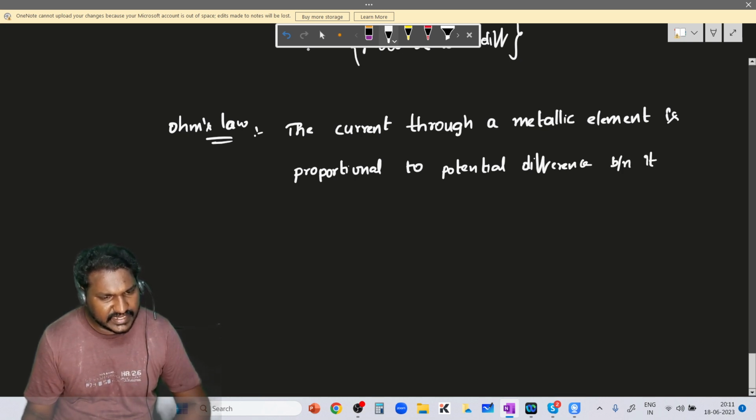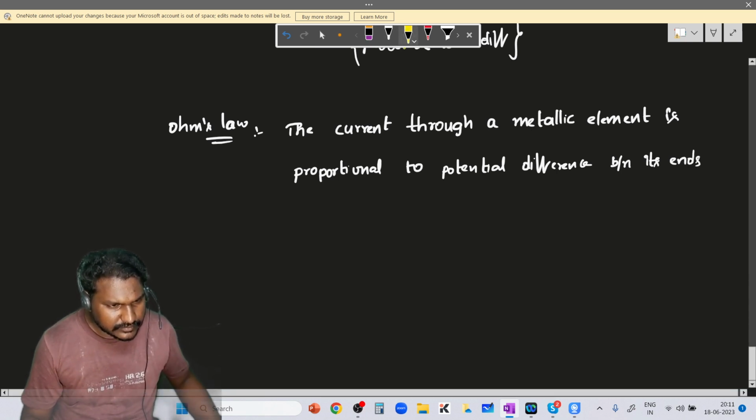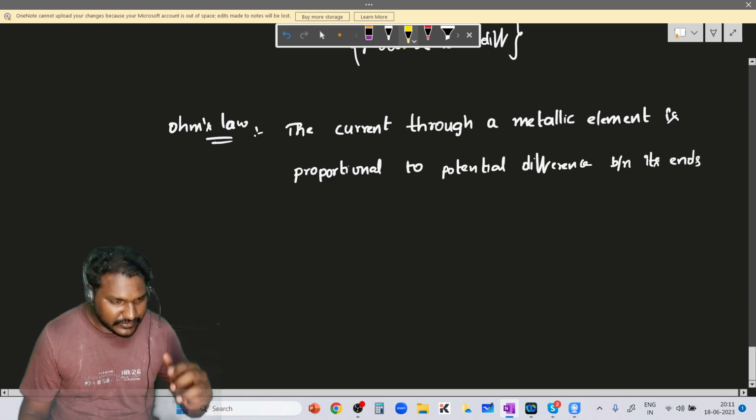So then potential difference is equal to K into current. What exactly would K, that constant, be? That constant is known as resistance. Now I'll derive that equation.